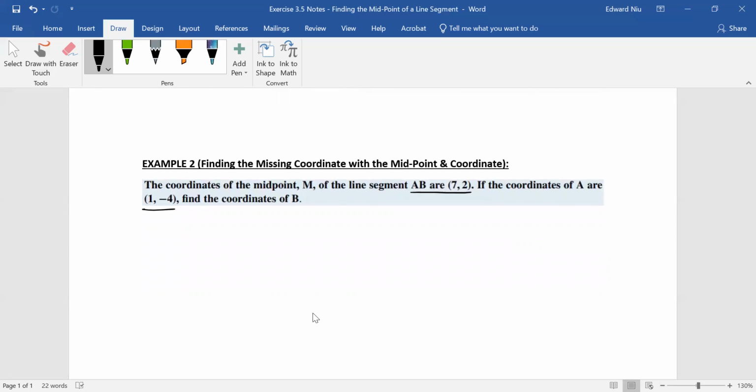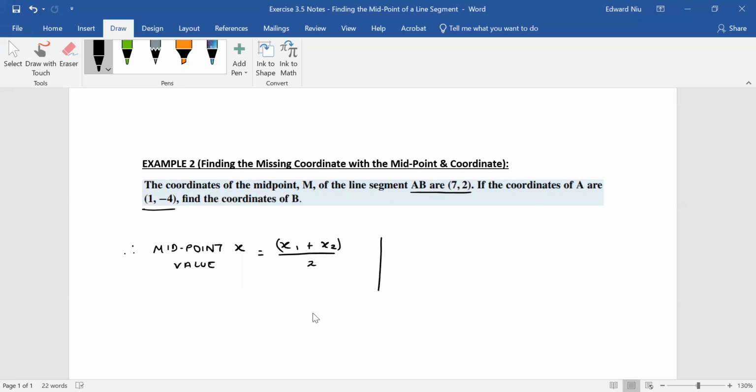So let's say therefore the midpoint x value is equal to x1 plus x2 divided by 2.